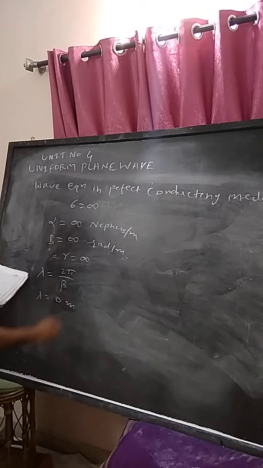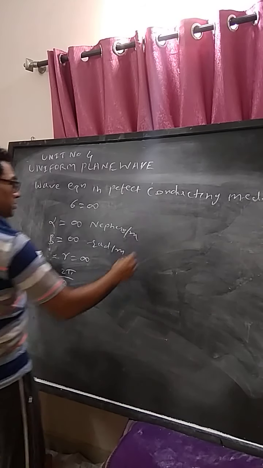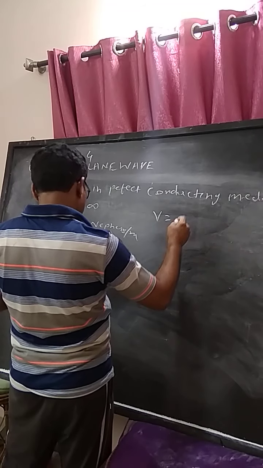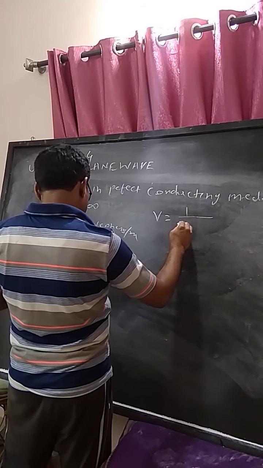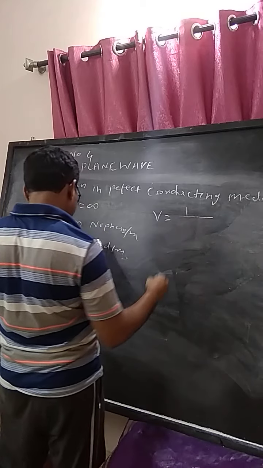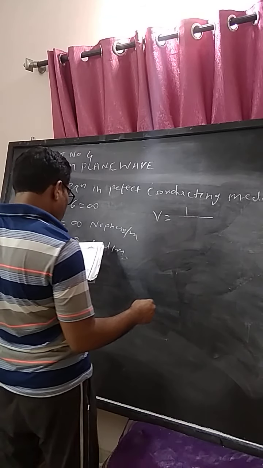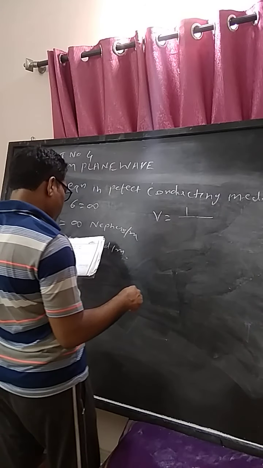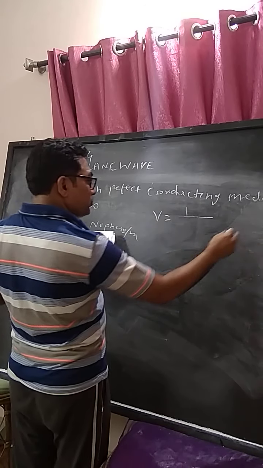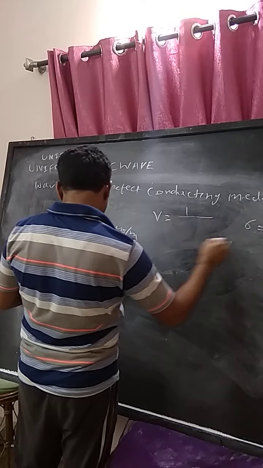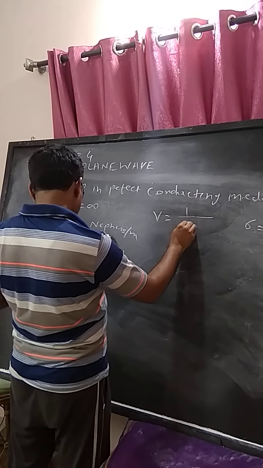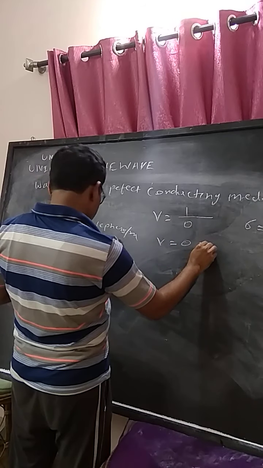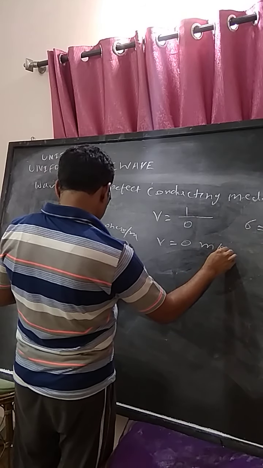The relation of velocity is again changed. So v equals 1 upon under root of mu epsilon divided by 2, times under root of 1 plus sigma square divided by omega square epsilon square, plus 1. By putting sigma equal to infinity, we get v equal to 0 meter per second.